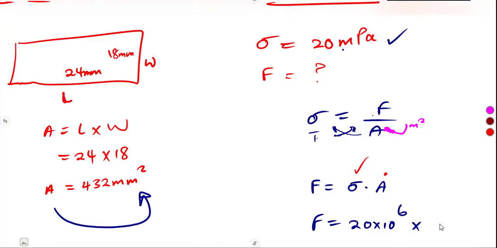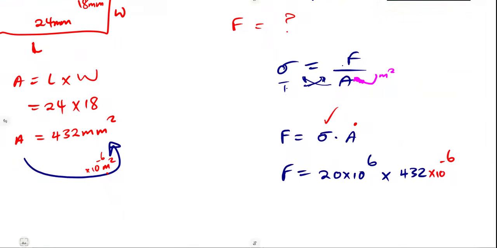So how do we convert that? 432 times 10 to the exponent of negative 6. Remember what I said before. By multiplying by 10 to the exponent of negative 6, your answer will be automatically in square meters. So this conversion is to have our area in square meters.